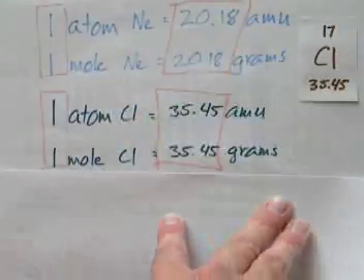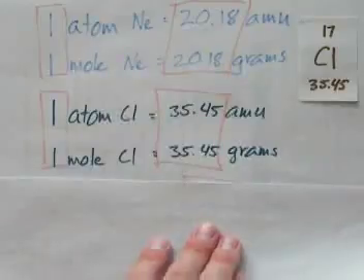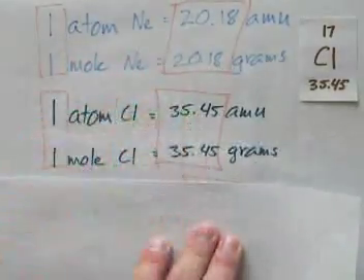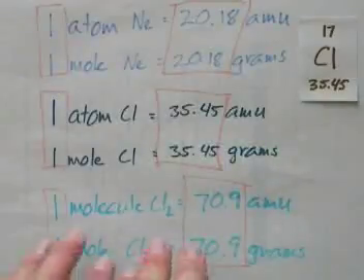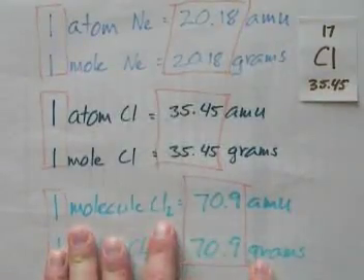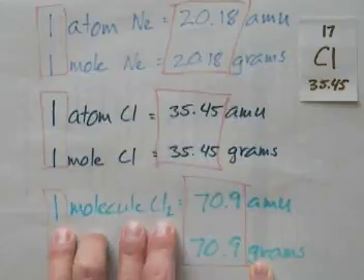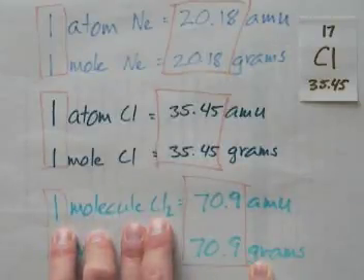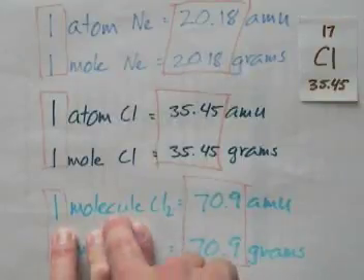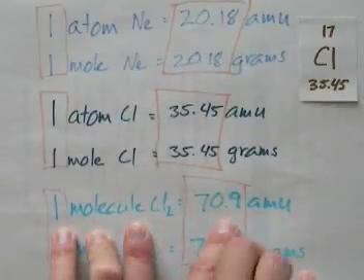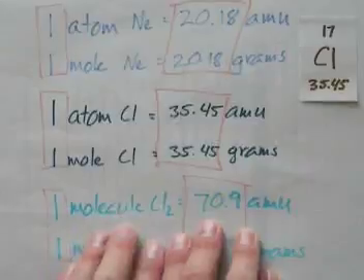And one more thing, the same technique holds true for molecules, or formula units for that matter. If I have a molecule of Cl2, remember, a molecule of Cl2 is just 2 chlorine atoms, so it would be 35.45 times 2. That would be the mass of 1 molecule of Cl2, 70.9 atomic mass units.